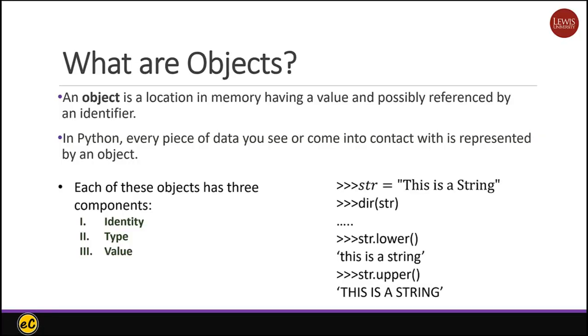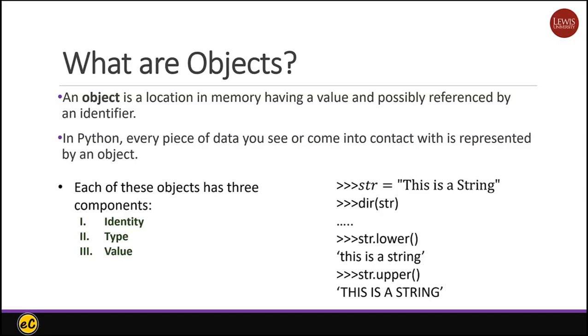So what are objects? Everything in Python is an object. Everything in Python has methods associated with it. Even a string is an object. You need to know the identity, the type, and the value associated with an object.